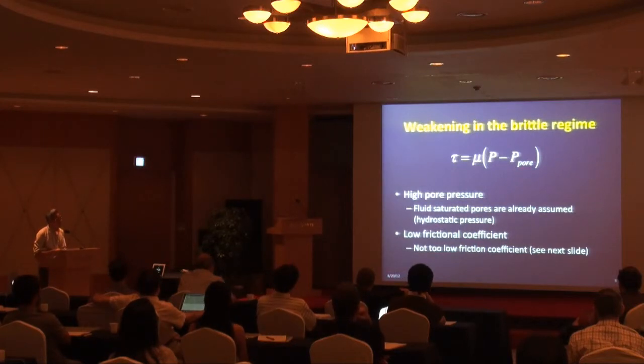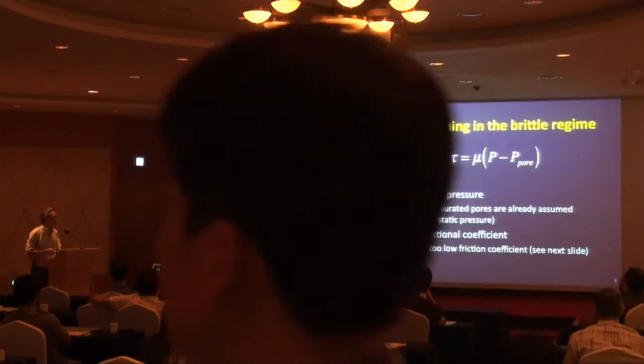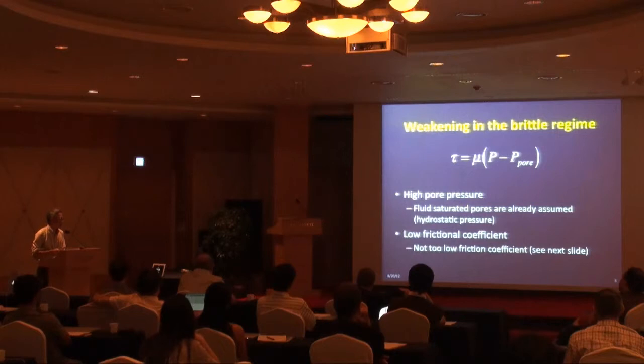But in this model, the pore pressure is already, in a way, at maximum, so you cannot reduce this strength so much. Plus, several people have argued that reducing the friction coefficient may be a very efficient way of reducing strength. But at least new results from laboratory experiments show that this friction coefficient, even for hydrous minerals like serpentine, is not that low compared to the standard model.